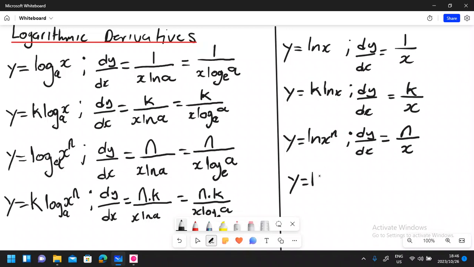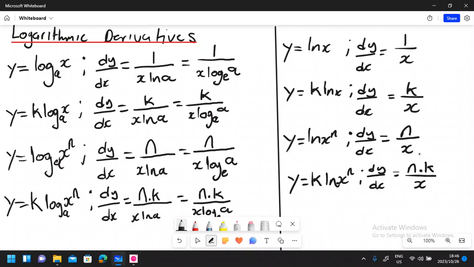Now we have the coefficient of natural log, and then we have x to the power of n, and then we have to find the dy/dx. So this one is going to be n multiplied by k over x, and that's it, guys. That's it. There's nothing to it.